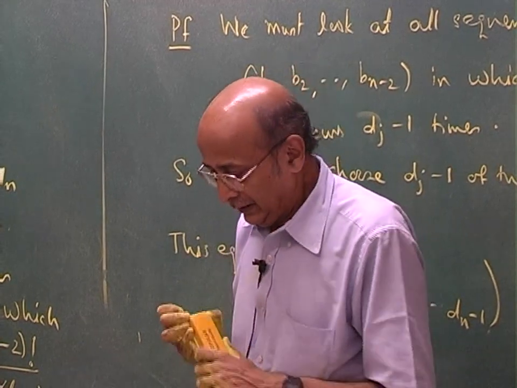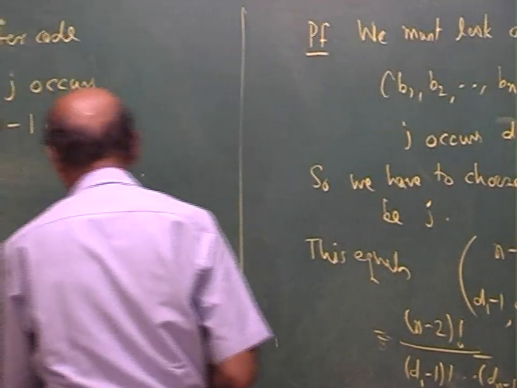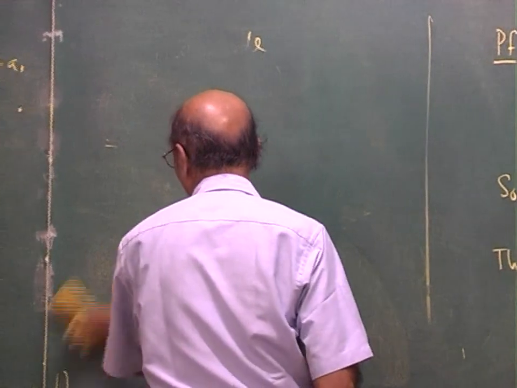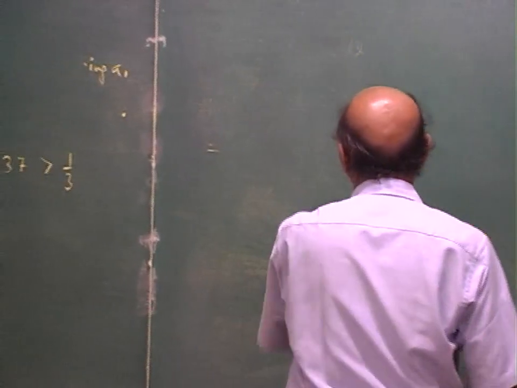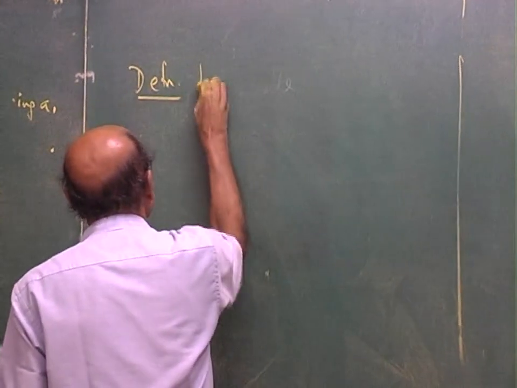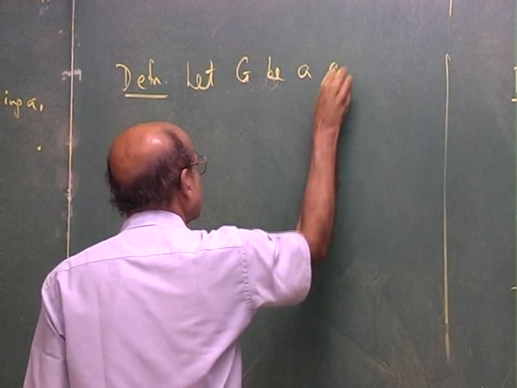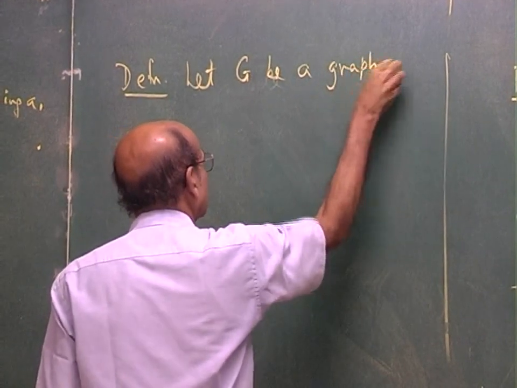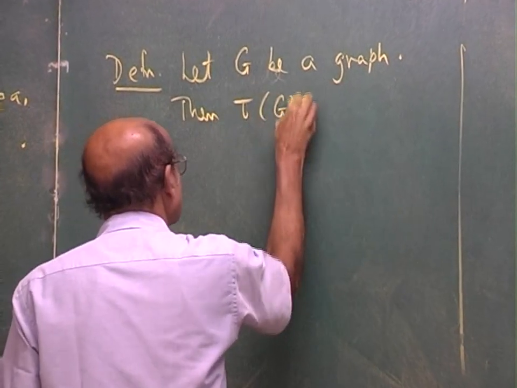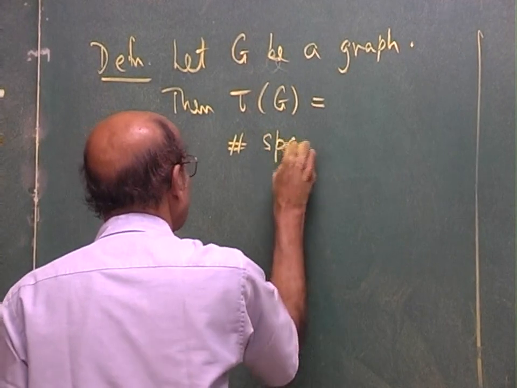Okay? So, definition: number of spanning trees.